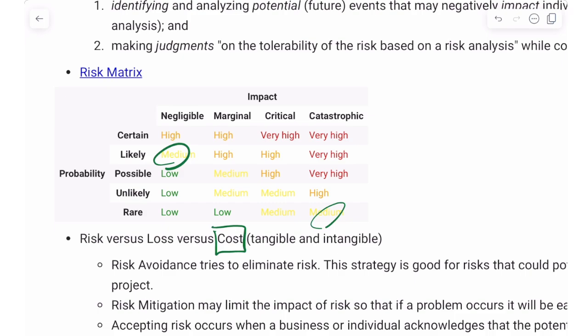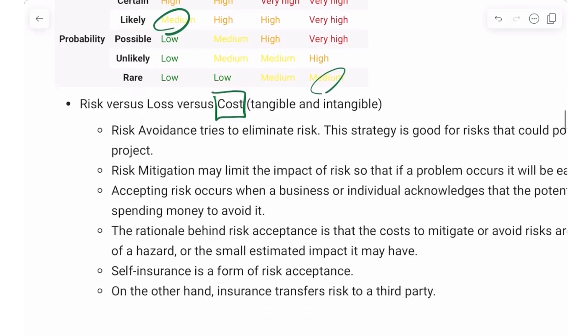But maybe your boss believes the spam mail problem is a low risk problem, so maybe he will not give you money to buy such an expensive firewall to solve the spam mail risk. Okay, so it's related to money.